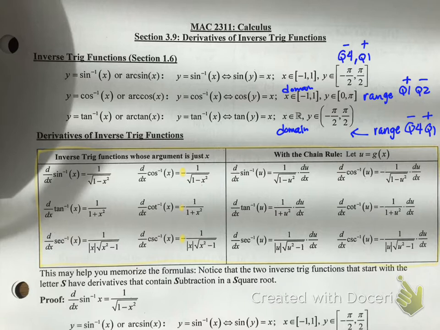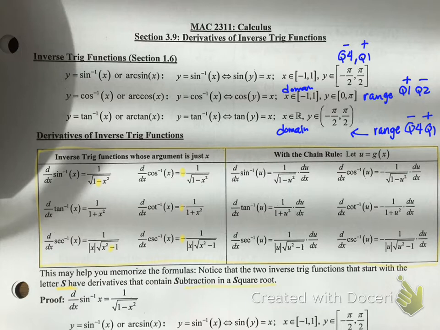And the other thing is another way to memorize this formula is the two inverse trig functions that start with the letter S have subtraction in the square root. So there's a subtraction in the square root of sine and secant as well. So that might help you. Just look for some similarities.